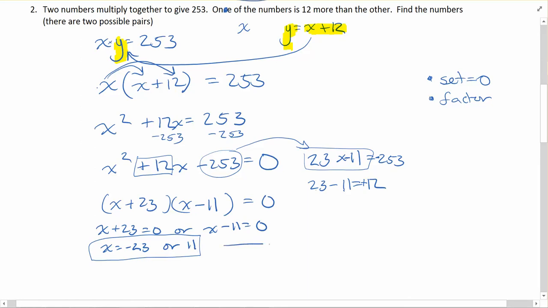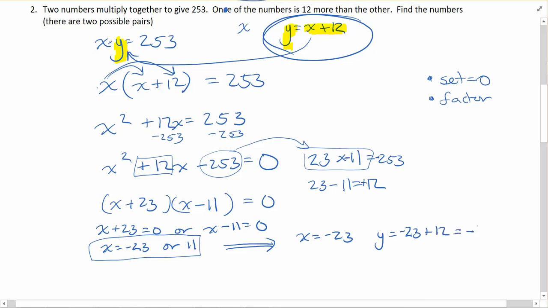So I need to think about what are my possible pairs of numbers, because x is just the first number, and we have to remember that y was 12 more than x. So my possible solutions could be x is equal to negative 23, and y is equal to negative 23 plus 12, which would give you negative 11. So that's one combination.